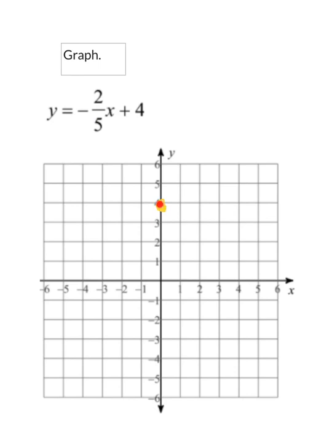The rise is -2, so I'm going to go down 1, I'm going to go down 2. This is the run. This is the change in x. So I go down 1, 2, and I go over 5: 1, 2, 3, 4, 5. So my second ordered pair goes right there.